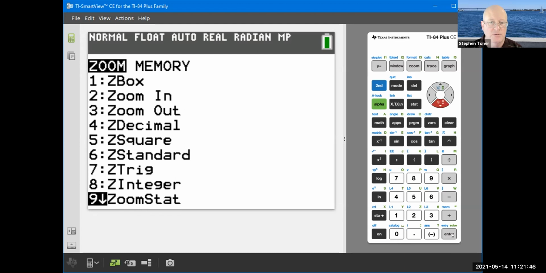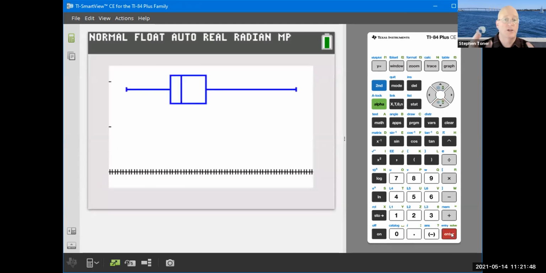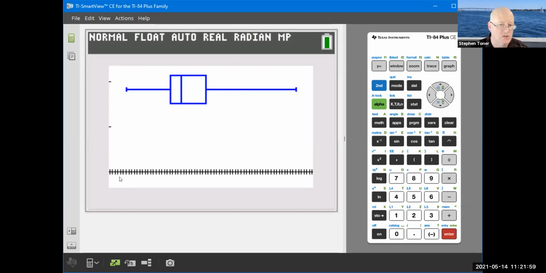And when you hit zoom stat, automatically you are going to get this box and whisker diagram, or this box plot for you. Now you can see that I've got the x-axis drawn in here. I've got a note in your notes on how to turn these axes off. It doesn't bother me to have it there, but let me show you something that we can do.